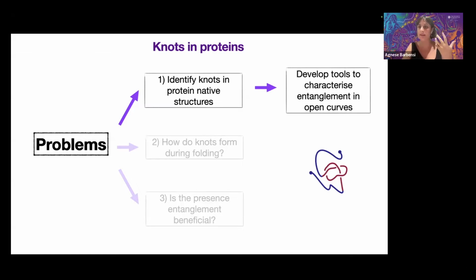So traditionally, what mathematicians have been doing when dealing with entanglement in open structures has been artificially closing the open curve to form a closed one. And this operation can be done in different ways. One can decide to perform a single closure, perhaps by joining the two ends of your spatial curve by the shortest segment joining them, or one can adopt a more probabilistic or statistical approach by taking random closures defined in different ways.